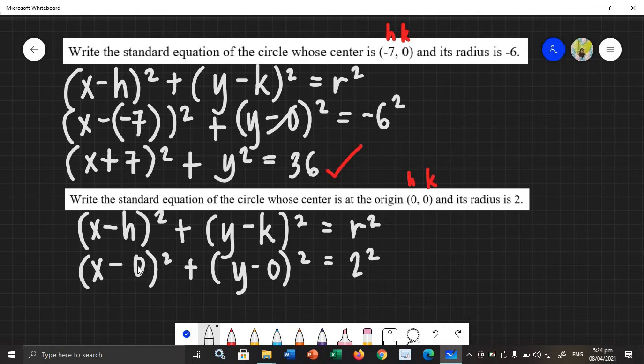So here, just like what I tell a while ago, kapag 0 yung value ni h and k, you can just cancel them out and just write x squared plus y squared equals 2 squared is equal to 4. So this is now the equation of the circle whose center is at the origin and its radius is equal to 2. So that is how you write the equation of a circle.